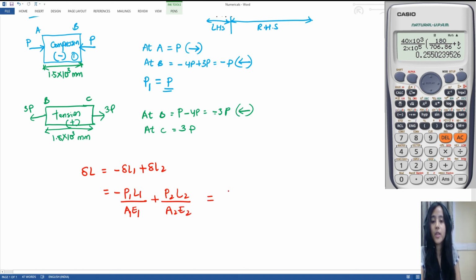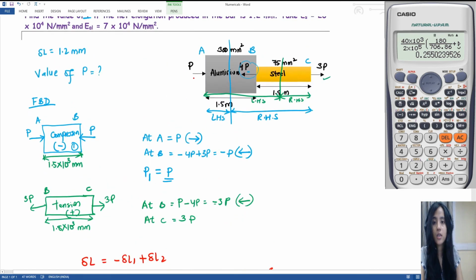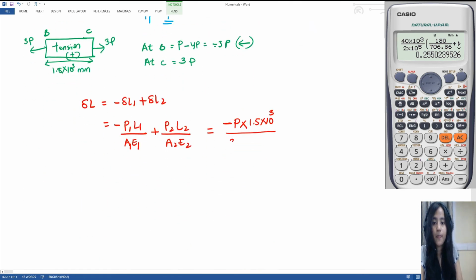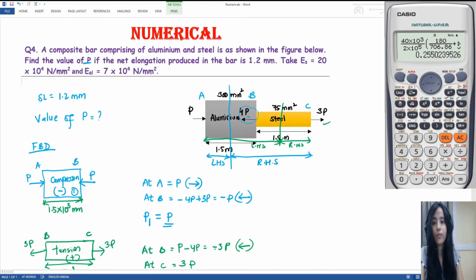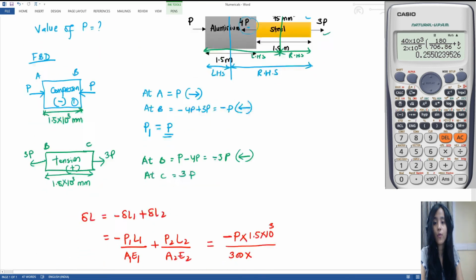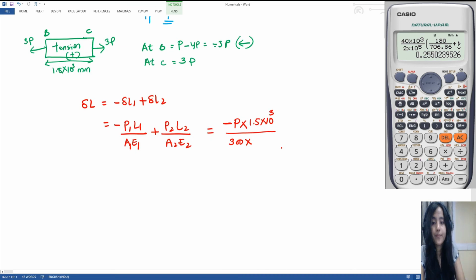So how much do we get? Minus P, value of P here is equal to P, into L1 is 1.5 into 10 raised to power 3 divided by area A1 is given 300 mm square, so 300 into E. Modulus of elasticity for aluminium here is given 7 into 10 raised to power 4, plus P2 here is equal to 3P.